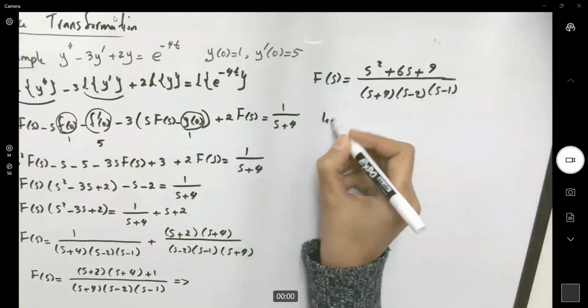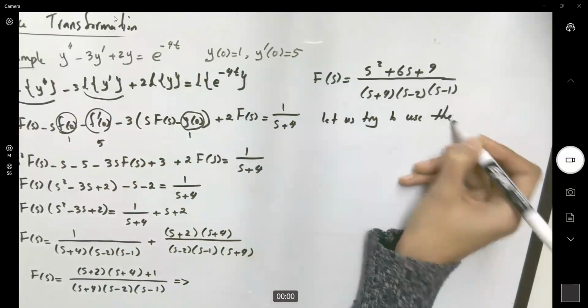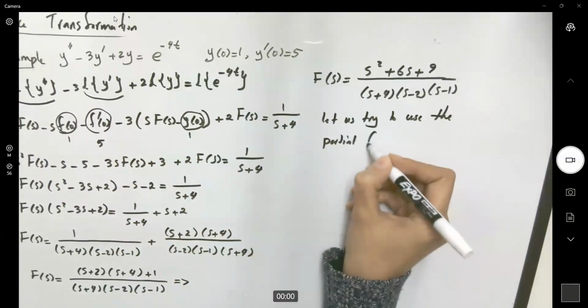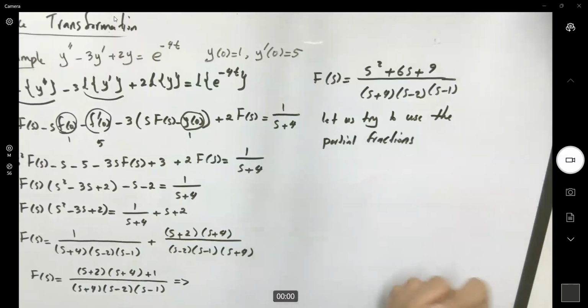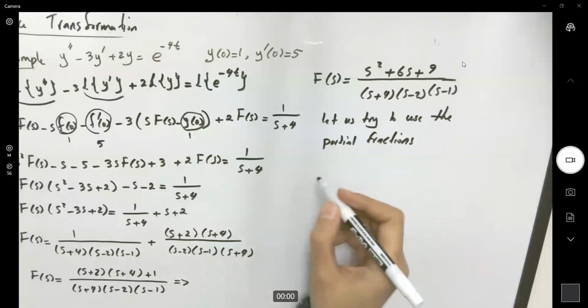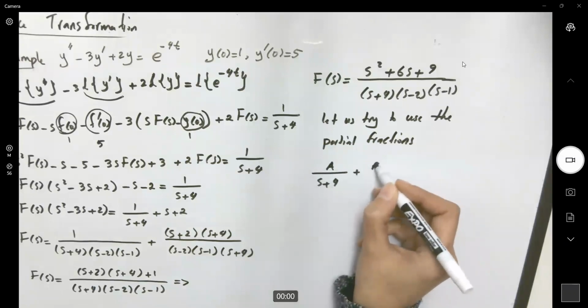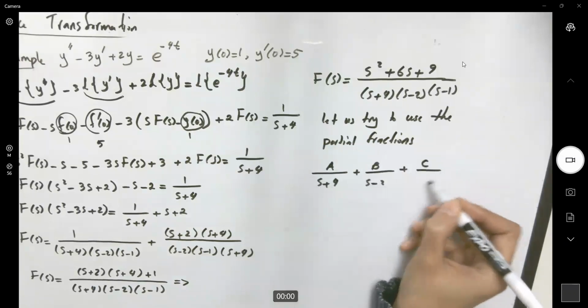Let us try to use the partial fractions. So this becomes A over s plus 4 plus B over s minus 2 plus C over s minus 1.